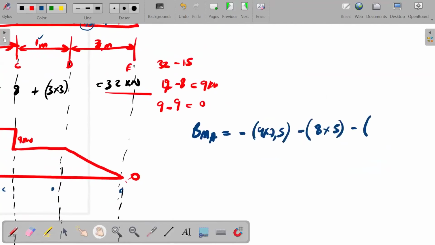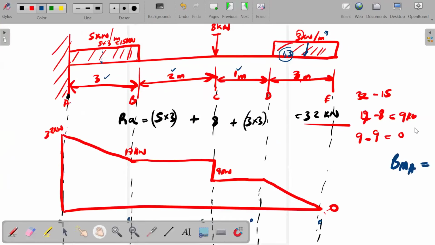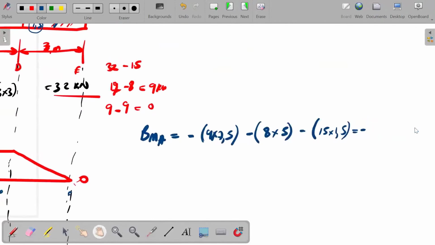So it's going to be 15 multiplying 1.5 times 1.5. And that in turn gives us minus 130 kilonewton meters. So this is now marking our bending moments at A.